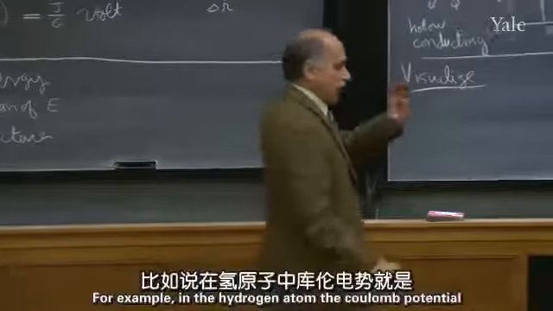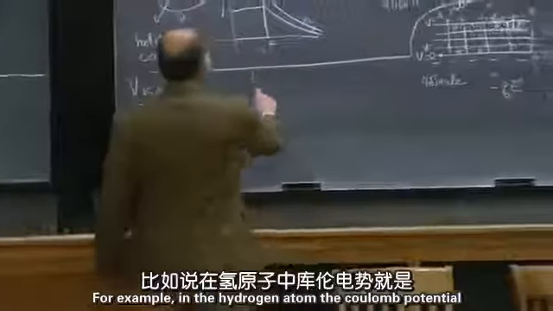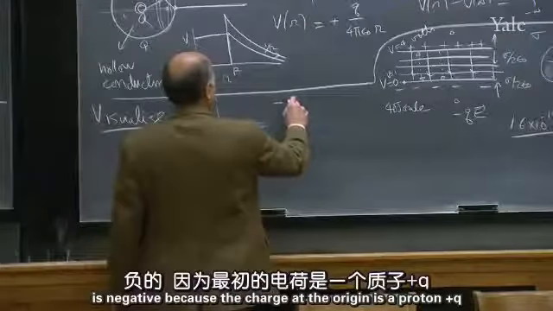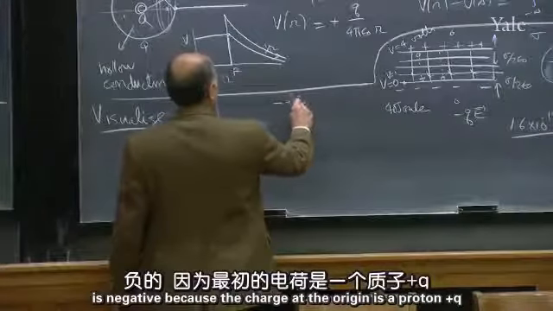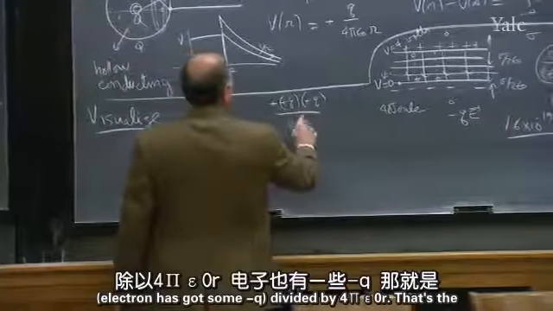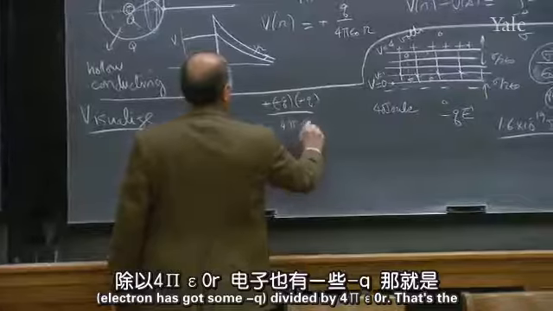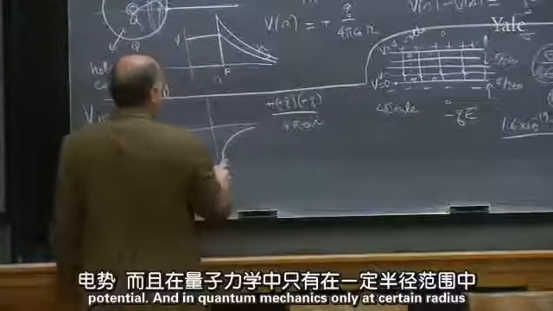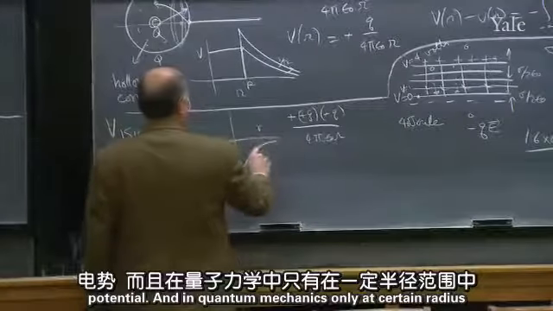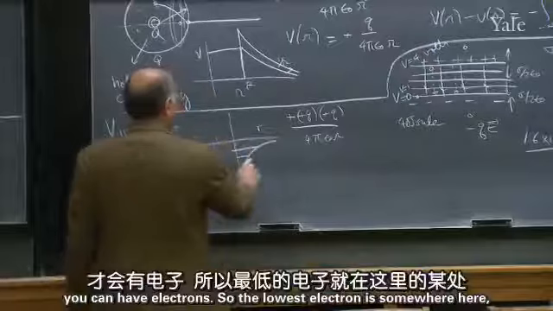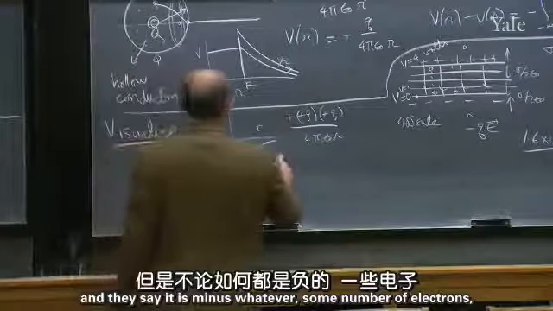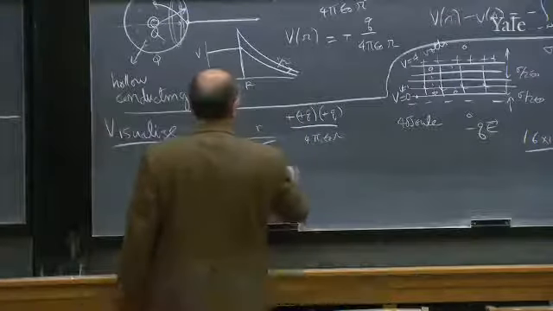For example, in the hydrogen atom, the Coulomb potential is negative because the charge at the origin is a proton, plus Q. The electron has minus Q, divided by 4 pi epsilon 0 R. That's the potential. And in quantum mechanics, only at certain radius you can have electrons. So the lowest electron is somewhere here, and they say it is minus 13 point something electron volts.